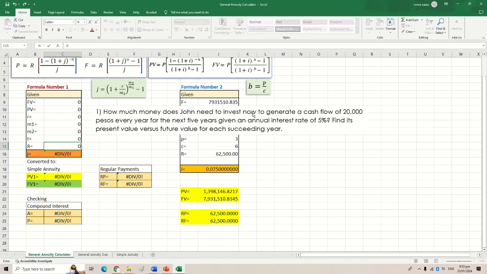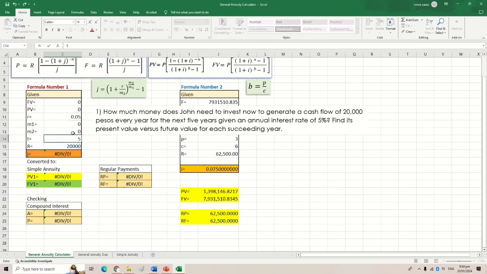Okay, now generate a cash flow of 20,000. That is the big R, the 20,000. Then the percent is 0.05. And then our T is for the next 5 years, that is 5.